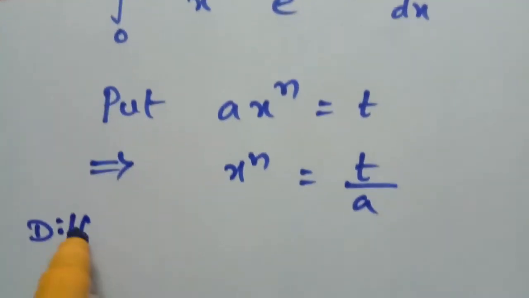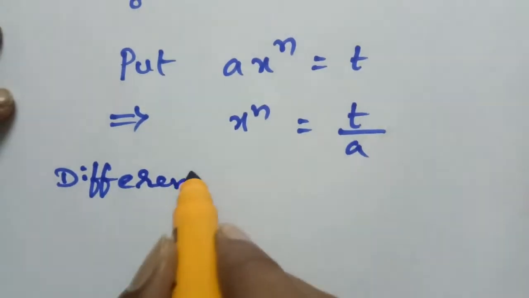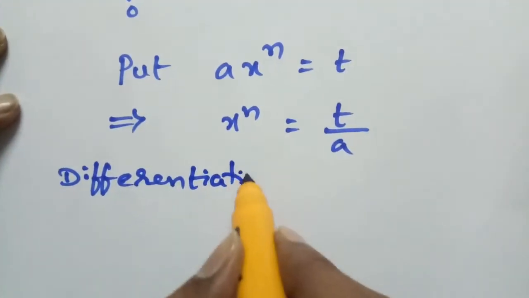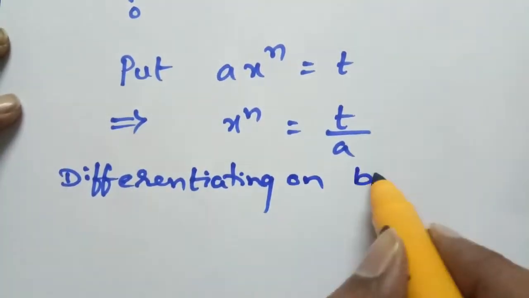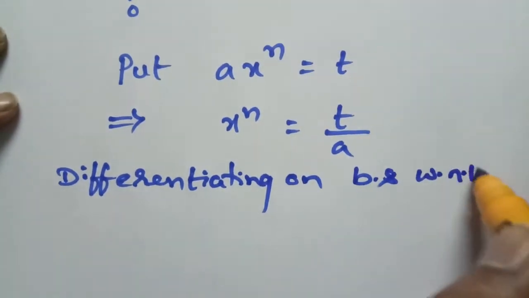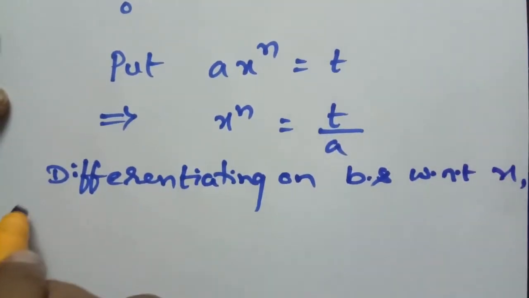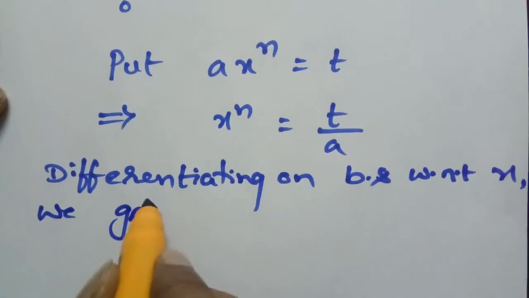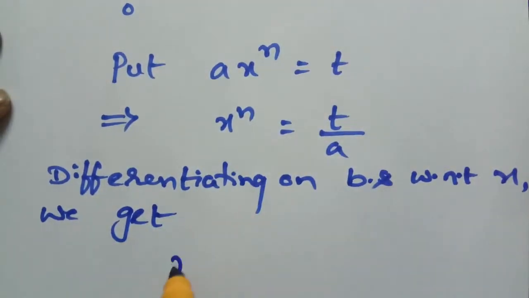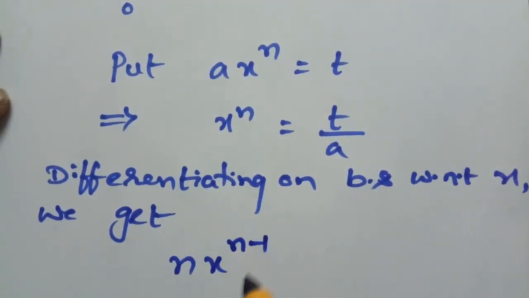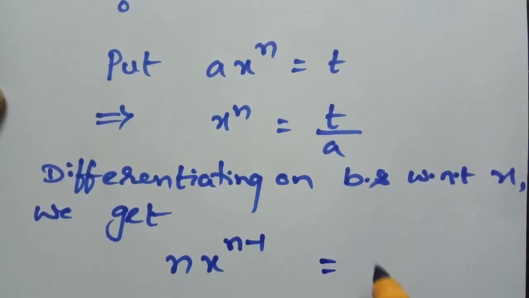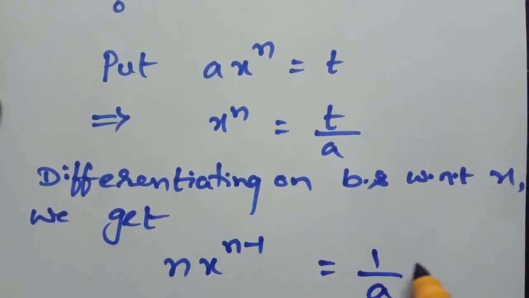Differentiating on both sides with respect to x, we get n into x power n minus 1 is equal to 1 by a into dt by dx.